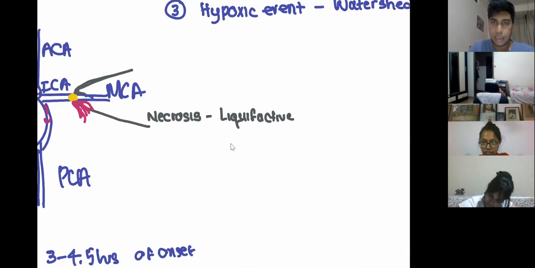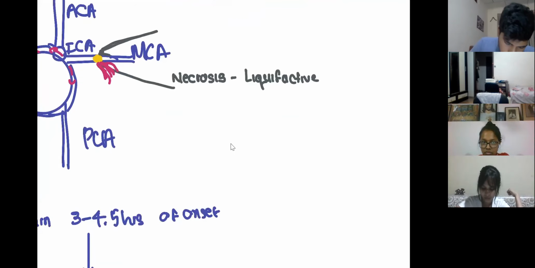When you talk about brain death, we talk about liquefactive necrosis. That area is already dead. Now it is being destroyed by the macrophages and releasing this liquid-like substance. It's not blood which comes out. This happens at the tissue level, not at the blood level.